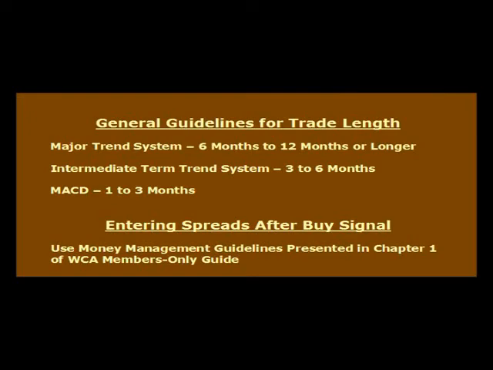I use the same 52-week high and leading industry group trend confirmation indicators covered previously to select stocks for call option spreads. Using the three trend following systems along with the trend confirmation indicators allows us to find the stocks with the best profit potential for call option spreads.